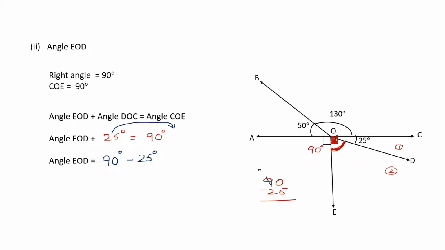I need to borrow here. 10 minus 5 is 5. 8 minus 2 is 6. So I've got 65 degrees. So angle EOD is 65 degrees. Let's go back to my question. We are asked to find angle EOD, which is 65 degrees.